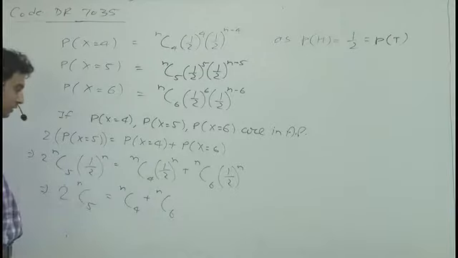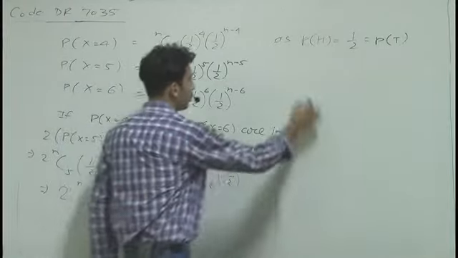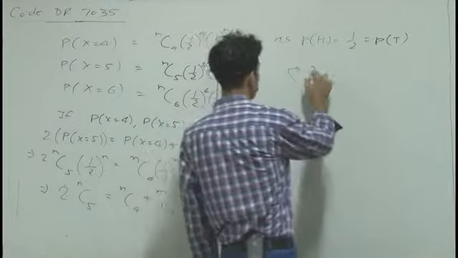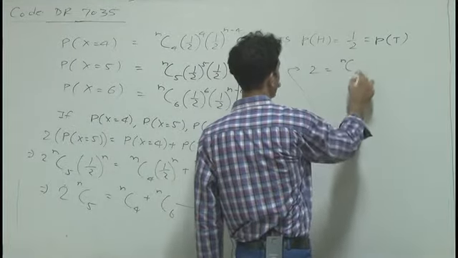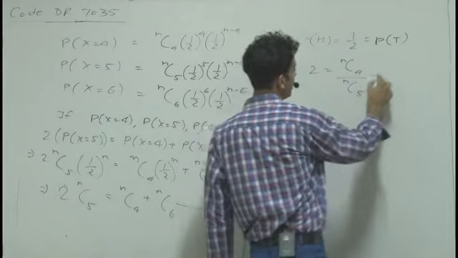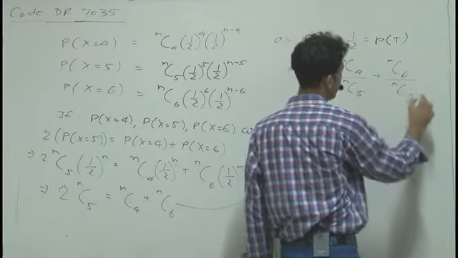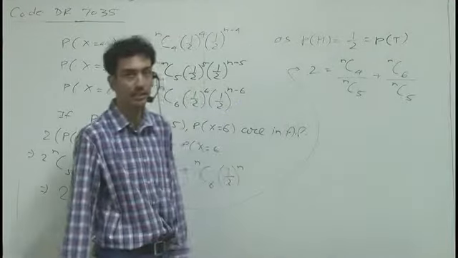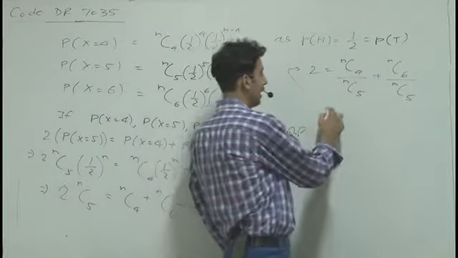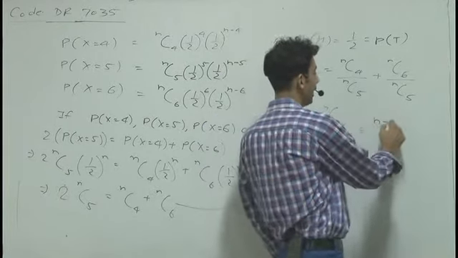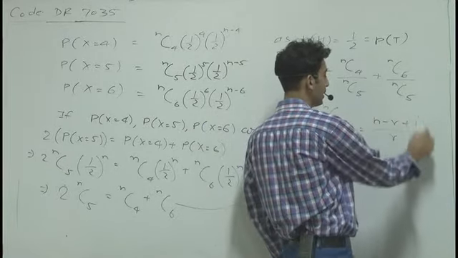Now we have this equation. In order to solve this, simply we have 2 = nC4 upon nC5 plus nC6 divided by nC5, dividing by nC5. Now we have a property in the binomial theorem that nCr upon nC(r-1) can be written as (n - r + 1)/r.